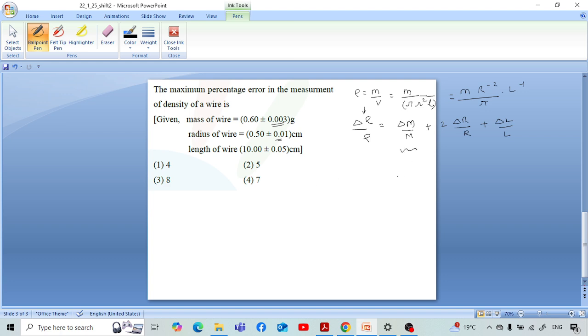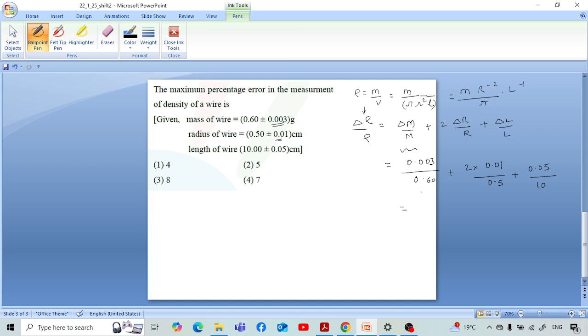Now delta m upon m, here delta is basically the tolerance which is given, for the mass it is 0.003 divided by mass which is 0.60, plus 2 times delta r, the tolerance given as 0.01 upon r which is 0.5, plus delta L which is given as 0.05 upon 10.